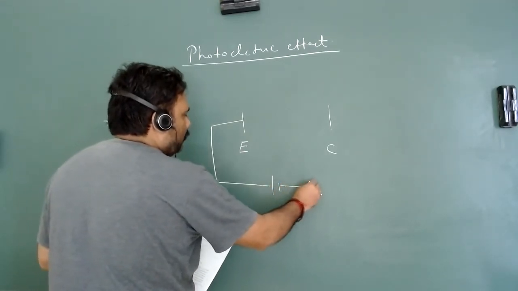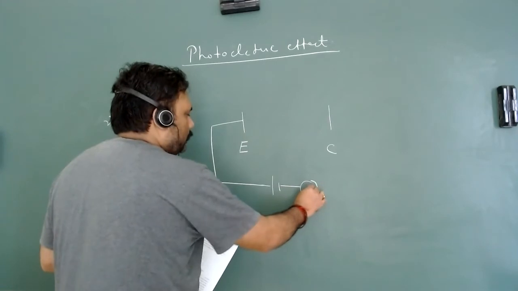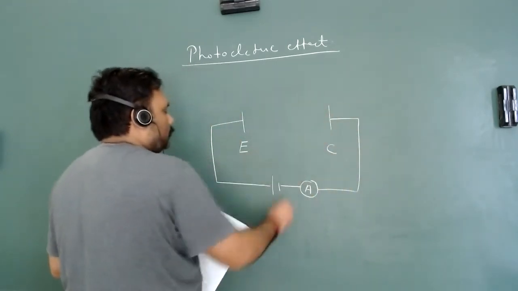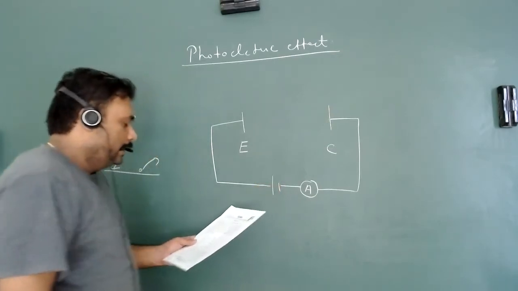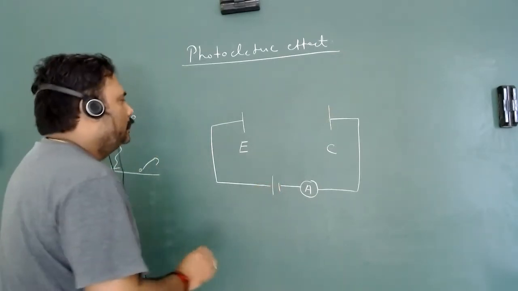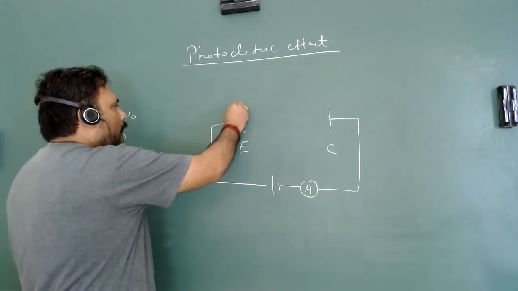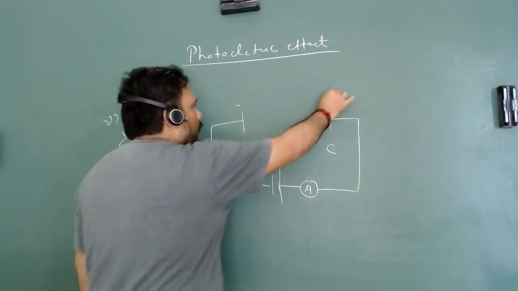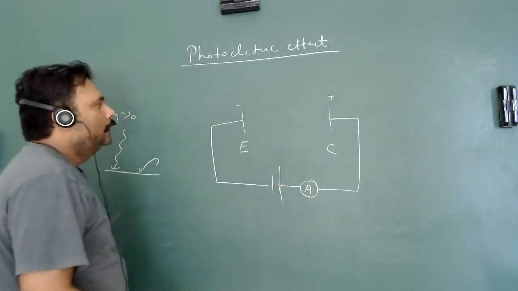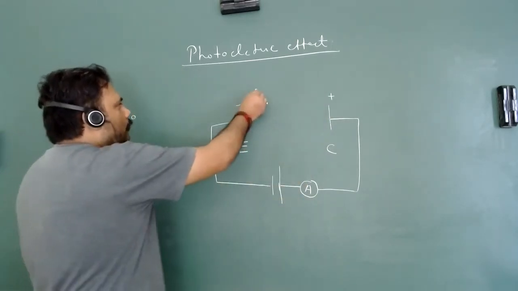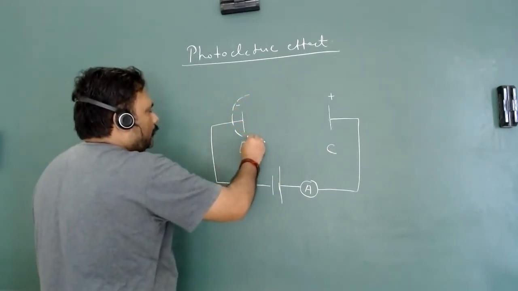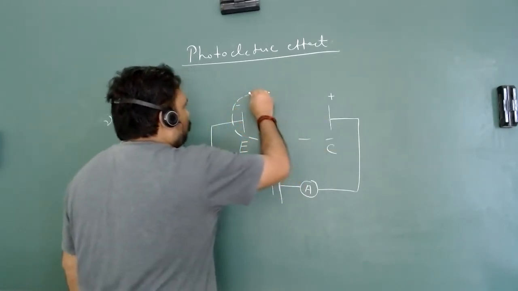Initially we will take the emitter at negative polarity and the collector at positive polarity, and we keep all of this in a vacuum chamber.